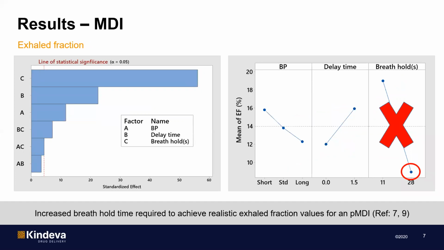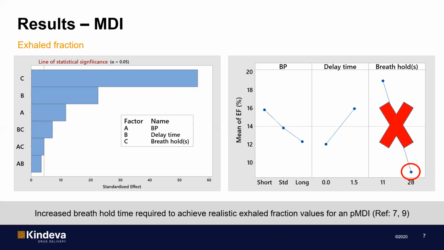So now onto the MDI, again starting with exhaled fraction. We can see for the MDI that the analysis shows that breath hold was the most significant factor. However, from comparison to some published in vivo data for the QVAR product, we consider that the model overestimates exhaled fraction unless an extended breath hold time is used.